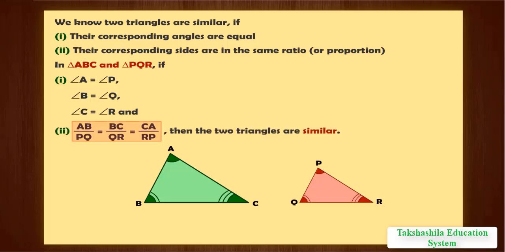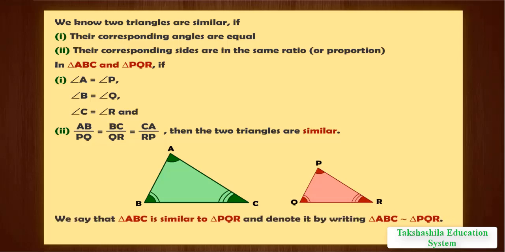AB upon PQ is equal to BC upon QR is equal to CA upon RP, then the two triangles are similar. We say that triangle ABC is similar to triangle PQR, denoted by writing triangle ABC ~ triangle PQR. The symbol ~ stands for the phrase "is similar to".